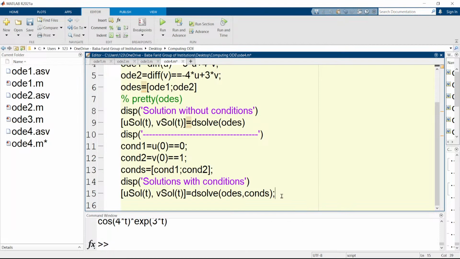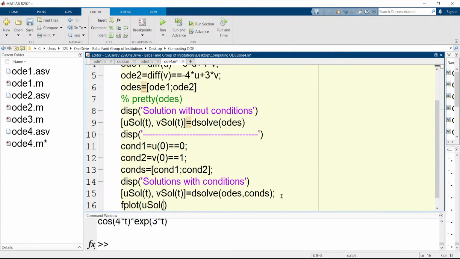We directly want to visualize in the graph. See, I am using fplot for the first solution, which is U solution t.